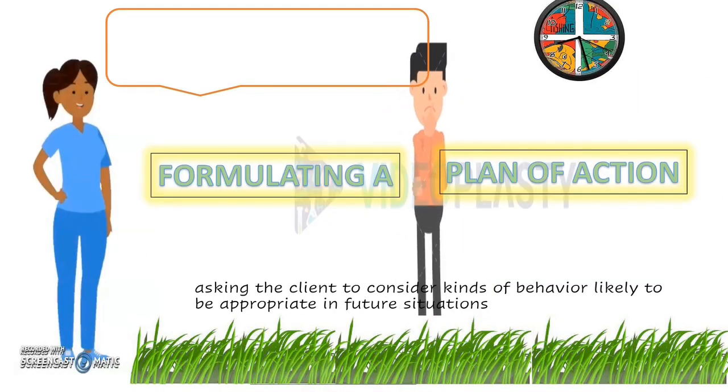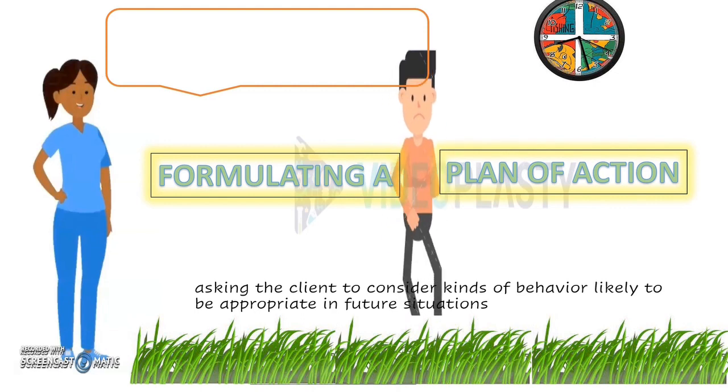Formulating a plan of action. A therapeutic communication technique used by the nurse in order to ask the client to anticipate or think in advance of a particular action or a solution that is appropriate for him to do. Let us take an example in order for us to understand formulating a plan of action.